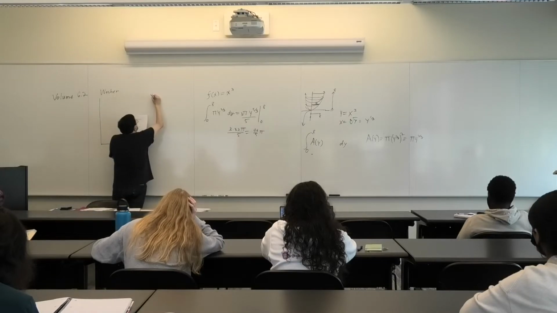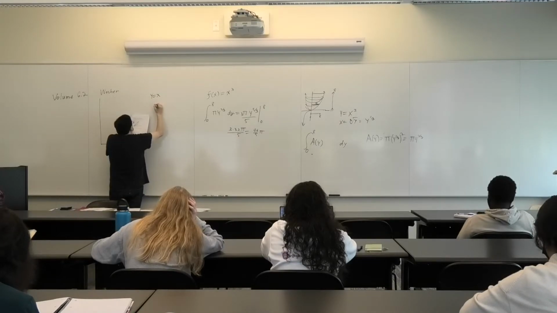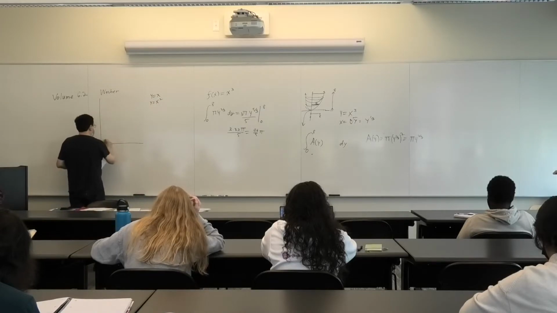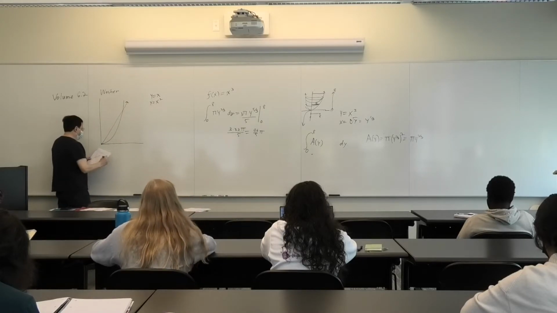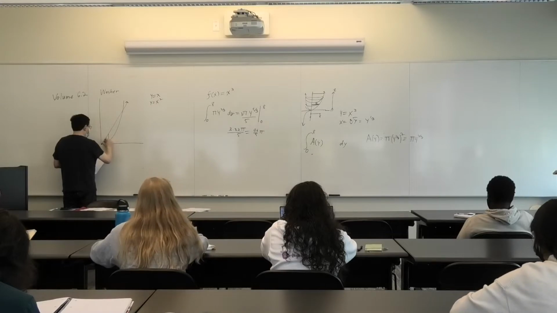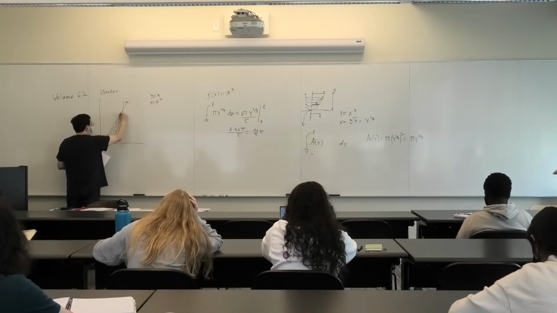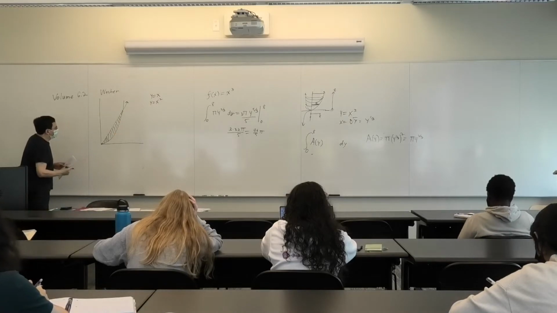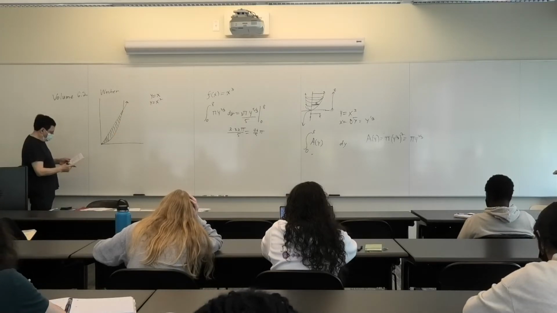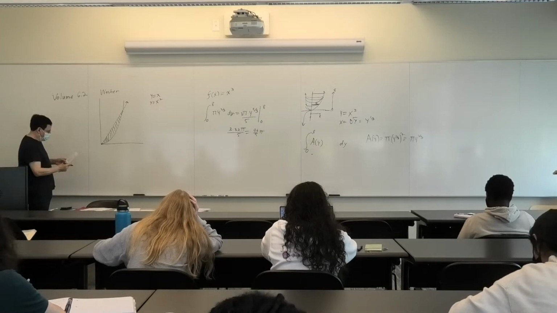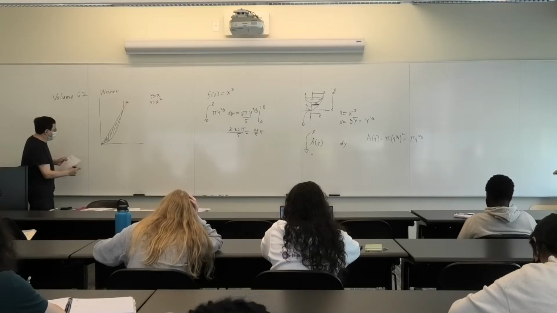We have y equals x and y equals x squared. And we're interested in the area here, but what we want to do is we want to spin it around the x-axis.